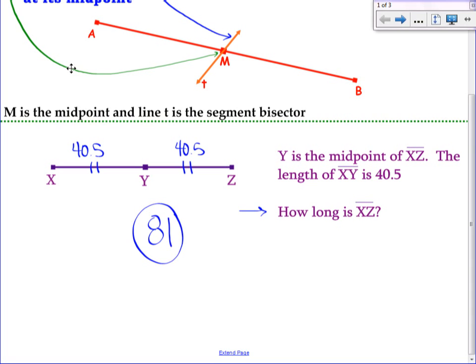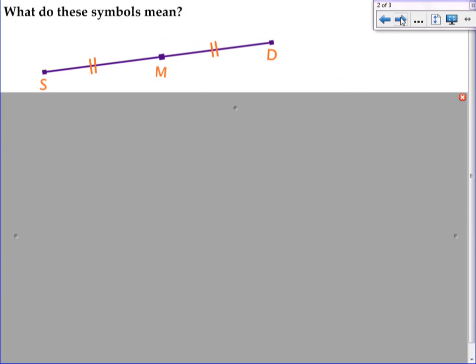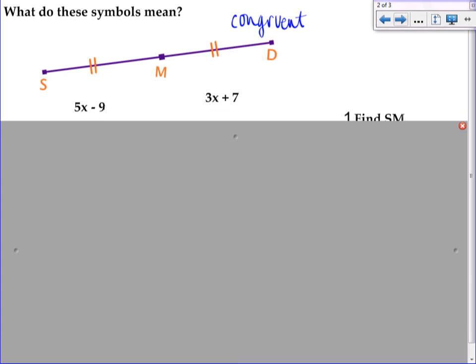Okay. So midpoint means it's going to go right in the middle, which means you have two equal parts. We just talked about what those symbols mean. It means they are congruent. So let's use that word because we're going to use that all year long. That means equal. They're congruent to each other.